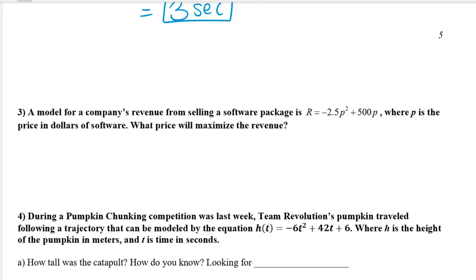So Haley, what does P represent in this problem? The price. Very good. So guys, if it's price, what unit is that? Dollars, yeah, for sure, dollars, okay?